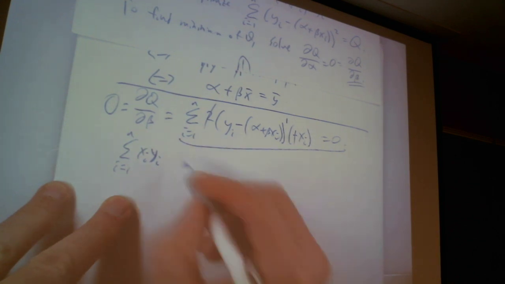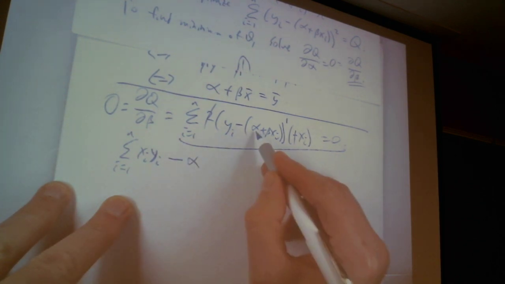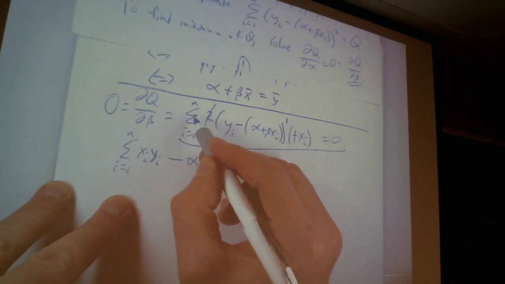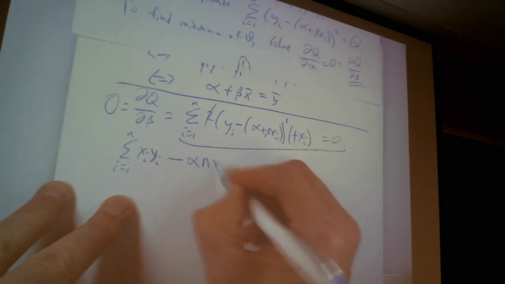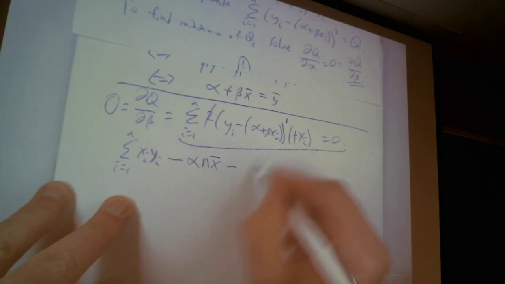That's one term. Minus, I have an alpha. And what is alpha being multiplied by? Xi, and I'm summing from 1 to n, n x bar. Okay? Minus beta. And what's beta being multiplied by?